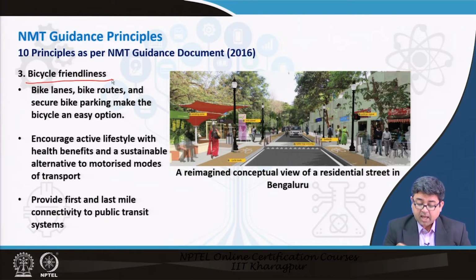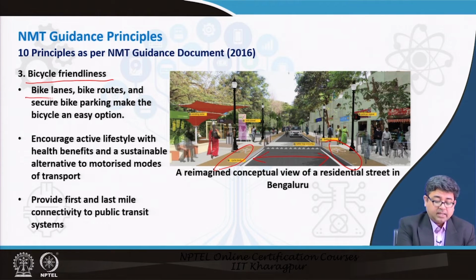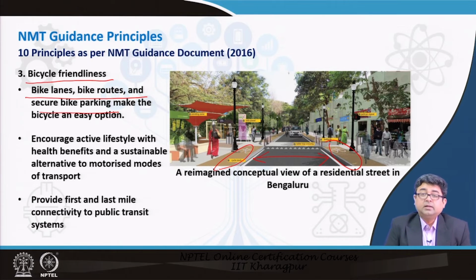If you do not have bicycle tracks on each side of the roads, then you should ensure that the pavement, the carriageway itself, is designed in such a manner that it makes the bicycle users feel safe, and if they feel safe, then they would ride it a whole lot. So, provide bike lanes, bike routes and secure bike parking to make bicycle an easy option.